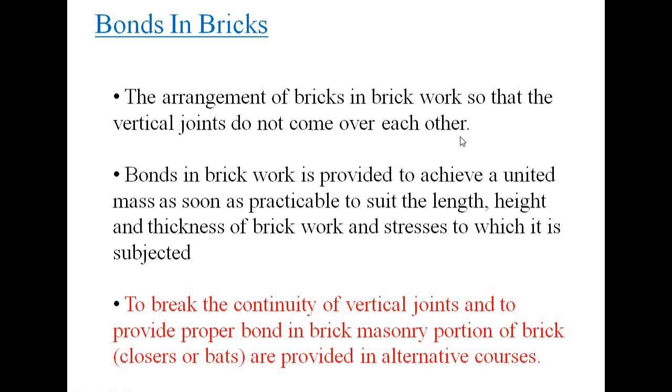Remember, my dear friends, this is a very important point in brick masonry construction. In any type of bond, the vertical joints should nowhere come above each other in two successive courses. It should be alternate. This is a very important point to remember.